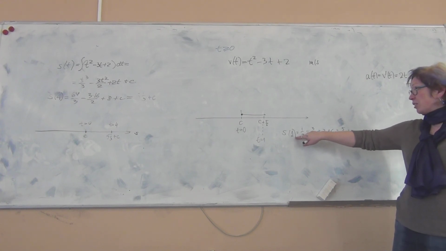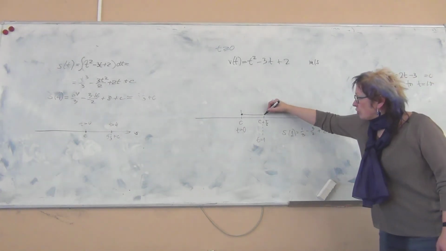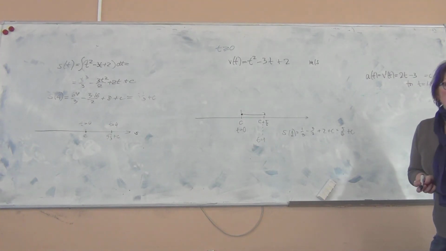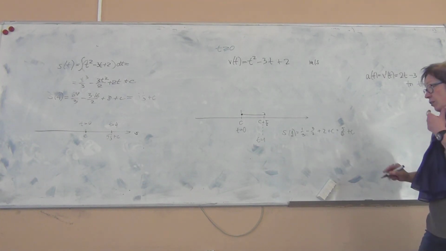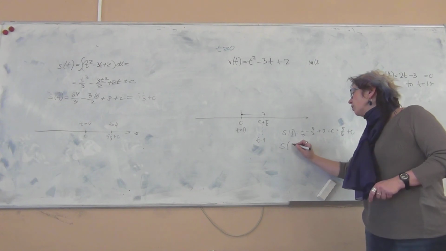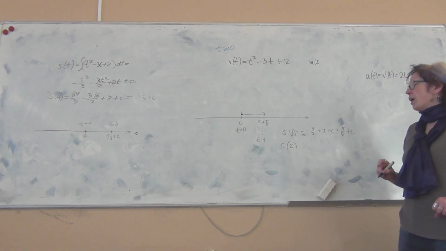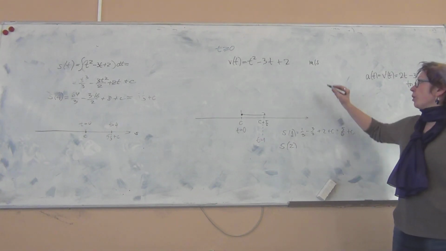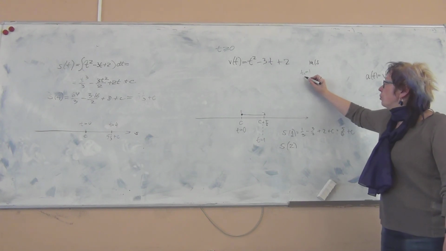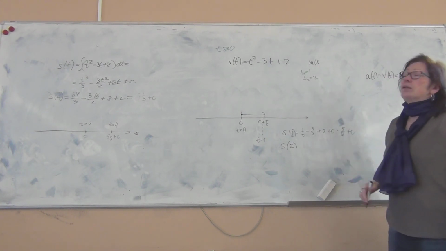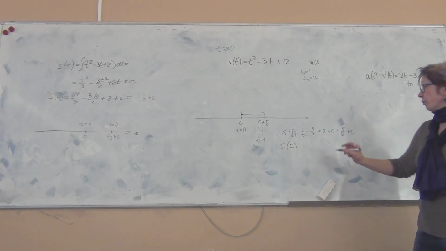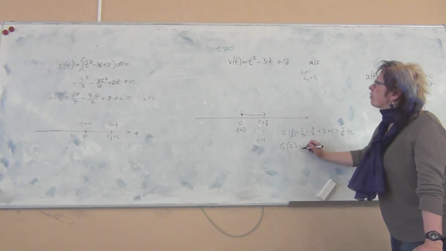Because I know that at this moment, it will change direction and start moving in the opposite direction, to the left in this case. So the second change of direction happens at t equals 2, because those were the two zero velocity moments.